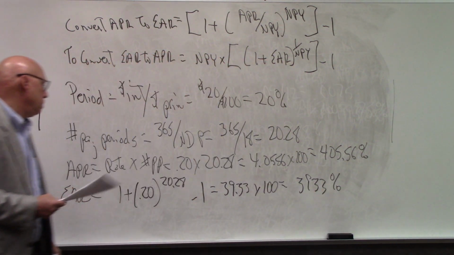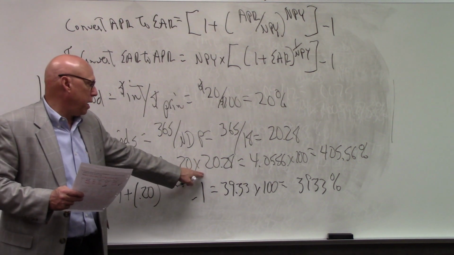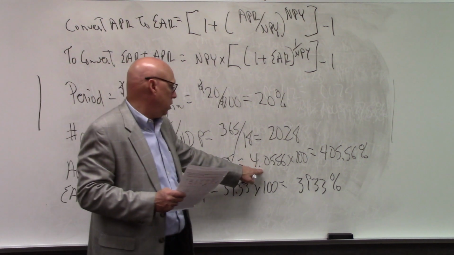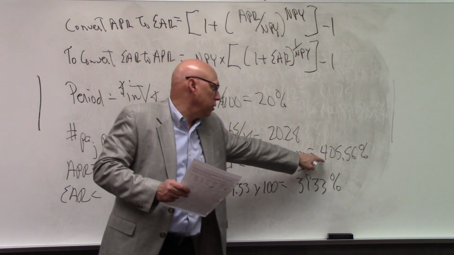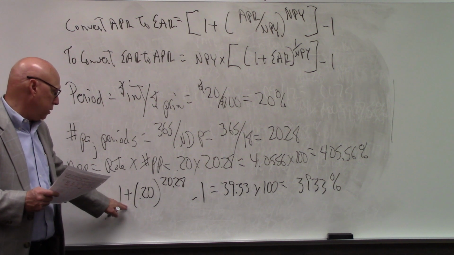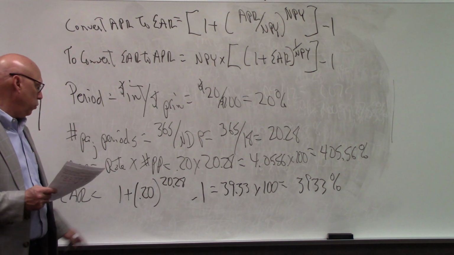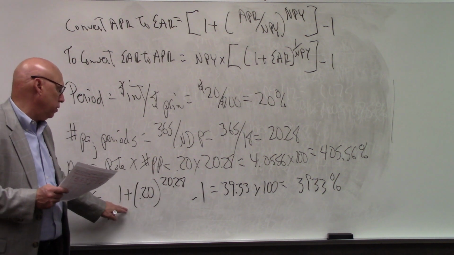Okay? So the rate times the number of pay periods equals the APR times 100, 405.56%. 1 plus the period rate raised to the 20.28. So you do this first, add 1 to it.